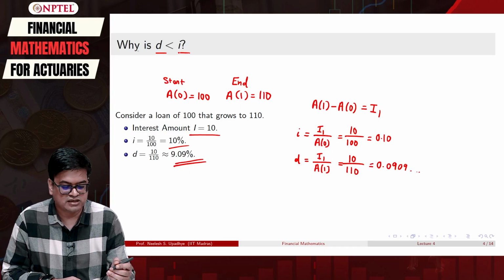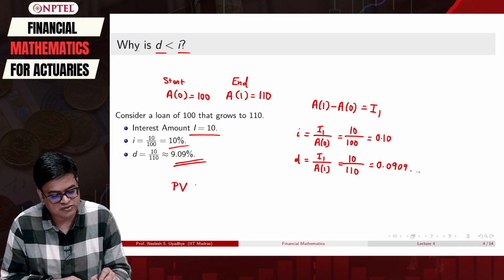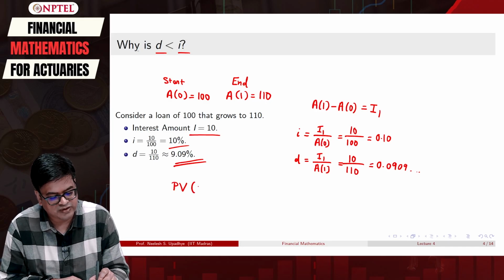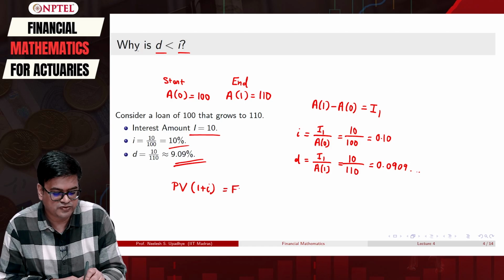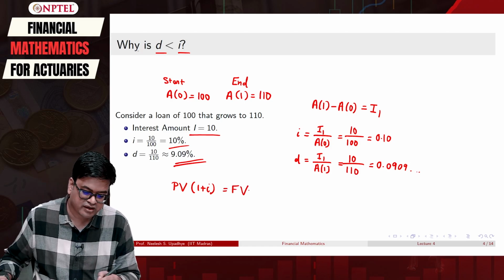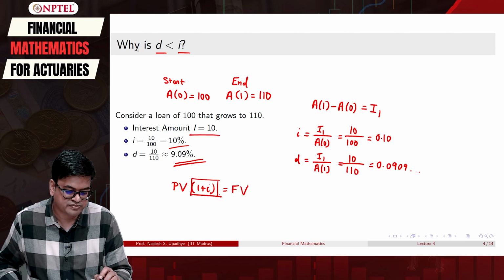So if you translate this into a notion of present value and future value, you can say present value will earn the interest and that will give me the future value, correct. So essentially this particular term is always going to be positive.